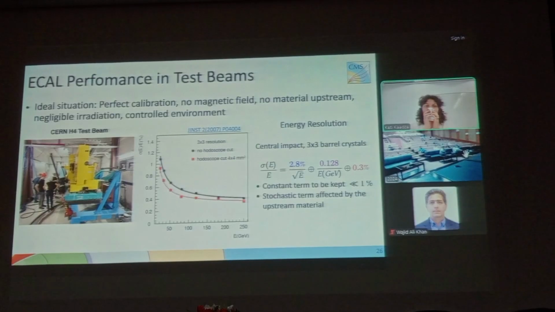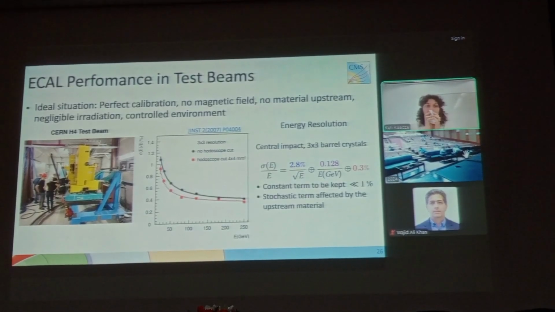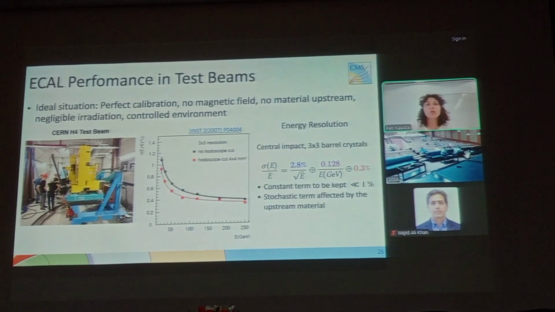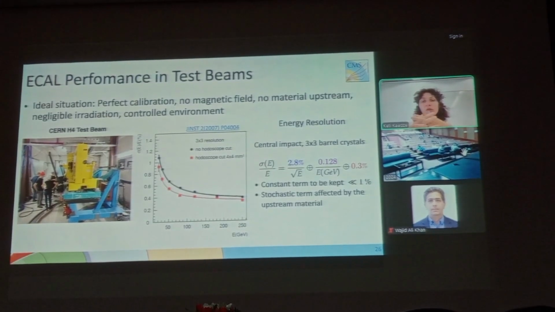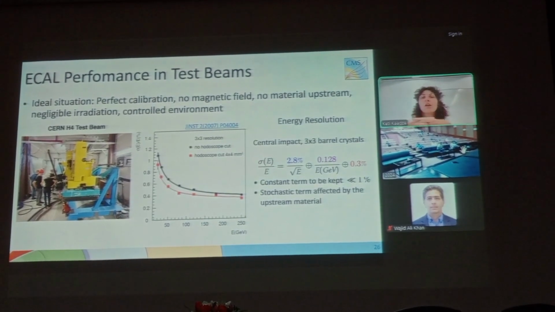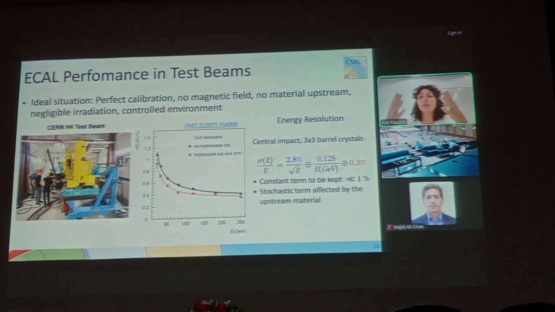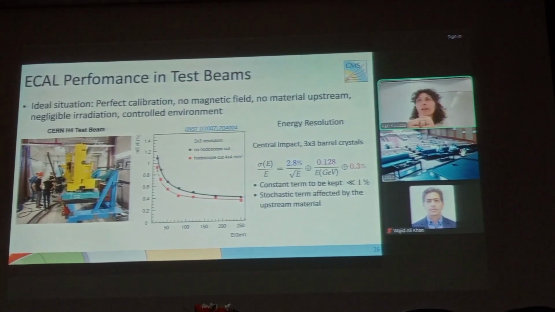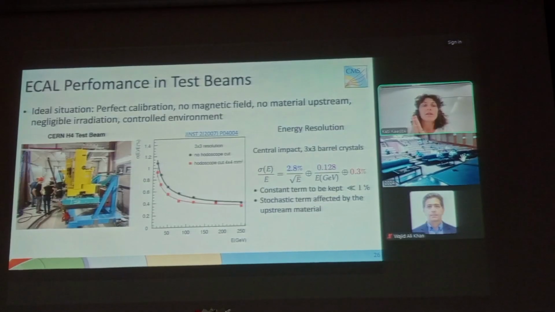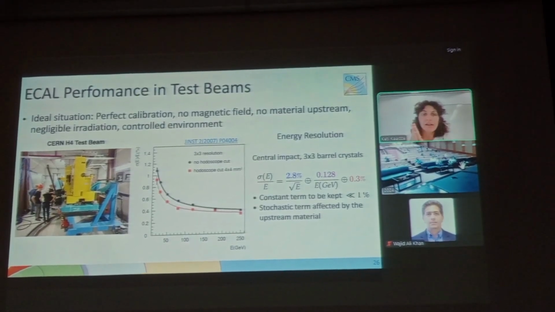So now that we have detectors, what's the next step? It is to see how they perform. The ideal situation is usually at test beams, when we have no magnetic field, no material in front of the detector that we want to test, or part of the detector, and very minimal radiation.